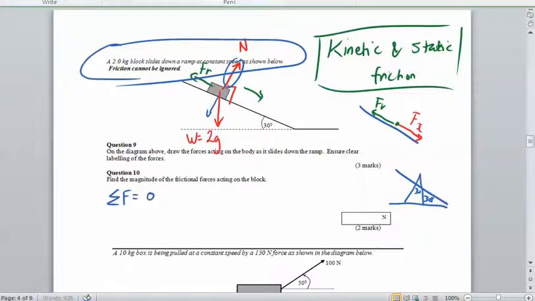Our triangle actually looks like this. This is 30. This is our weight force. And which one are we trying to find? Are we trying to find this thing here or this thing here? We're trying to find the bottom one. Now we're going to call that F, force in the X direction.